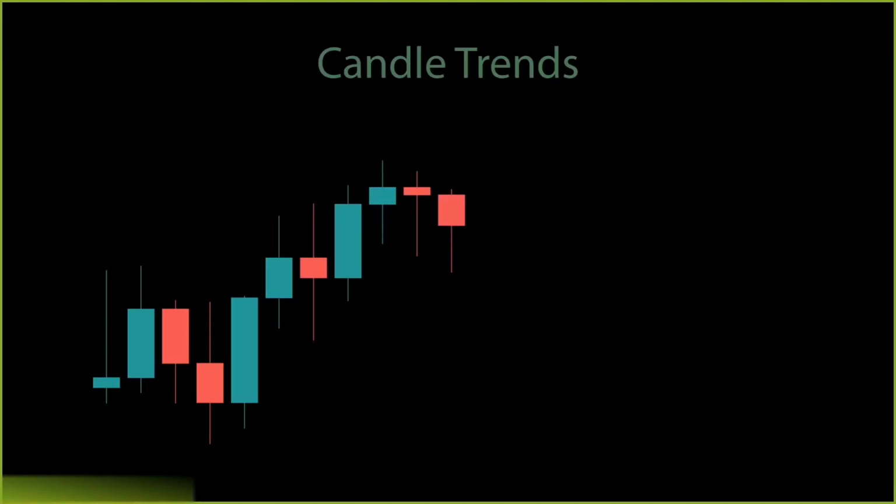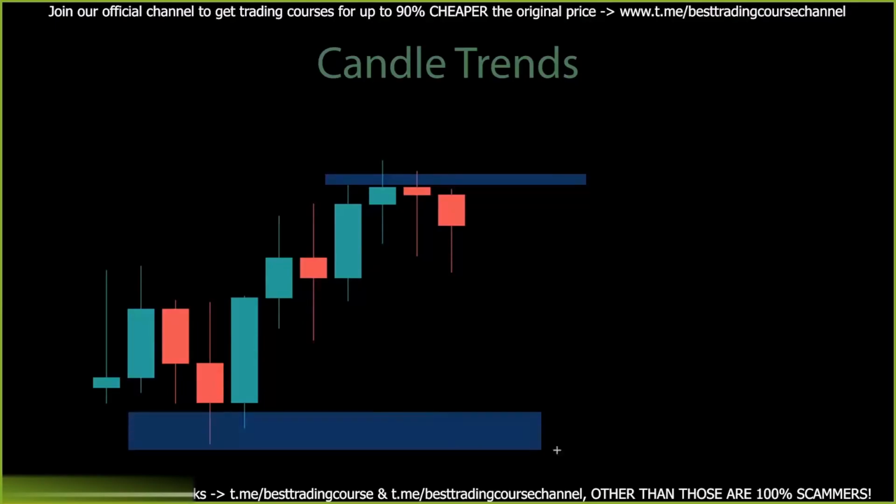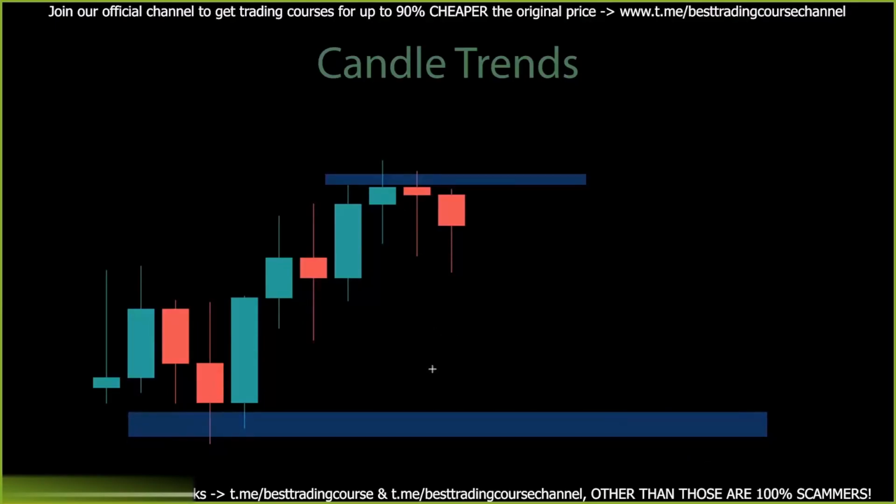The first thing you see is that candles are moving bearish, which means that we have some sort of a resistance forming here, and then some sort of a support forming down over here, and it seems like it's kind of ranging, but it seems very difficult to trade here. So let's see what happens in the next.